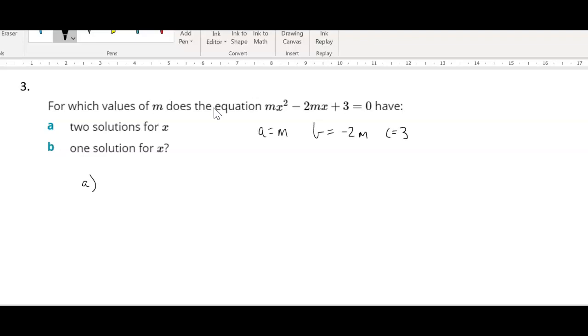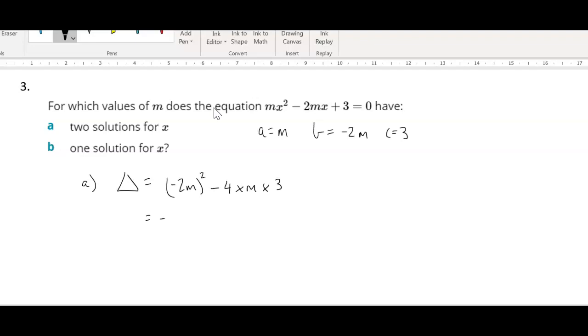All right, so a is your coefficient of x squared, so in this case it's m. B is your coefficient of x, so in this case it's negative 2m, and c is your constant, so it's 3. All right, so our discriminant is b squared, so negative 2m squared, minus 4 times m times 3.